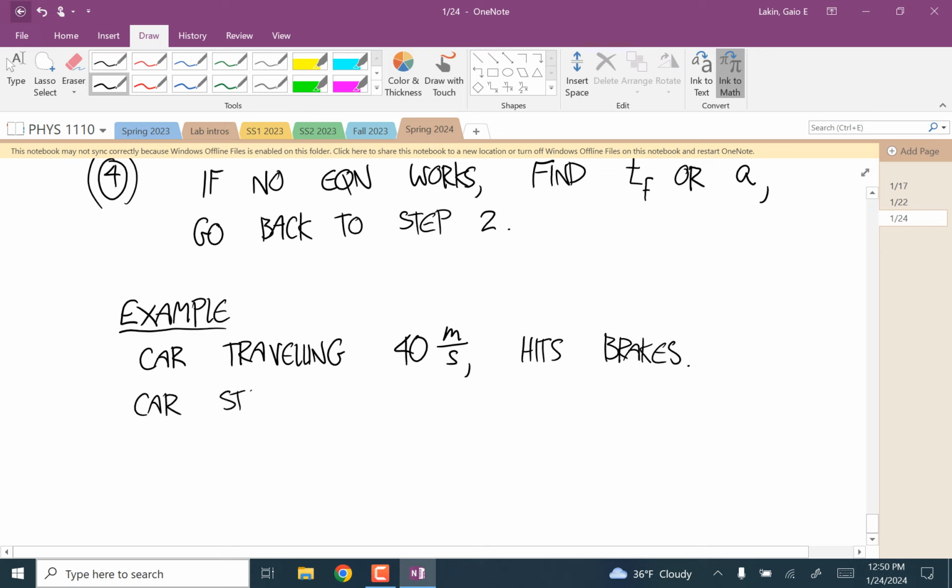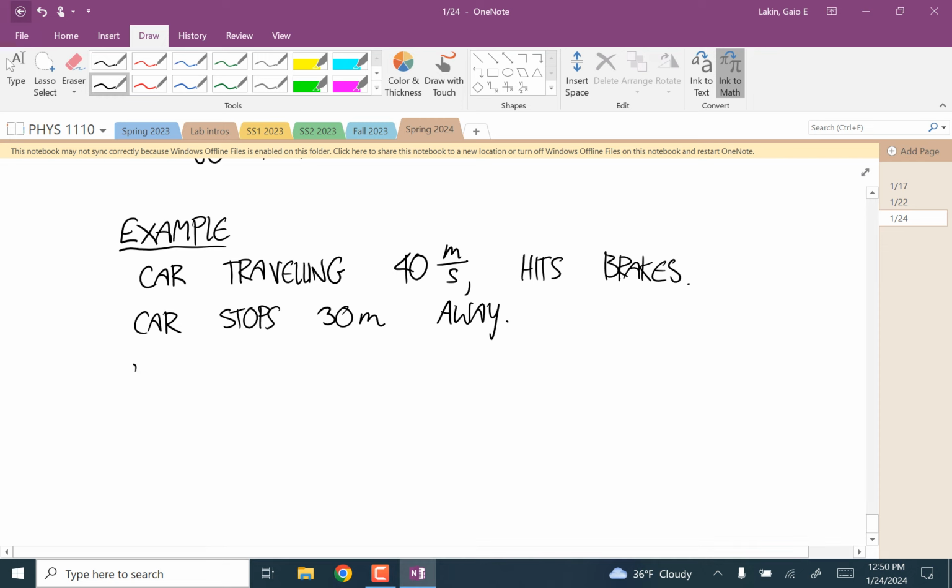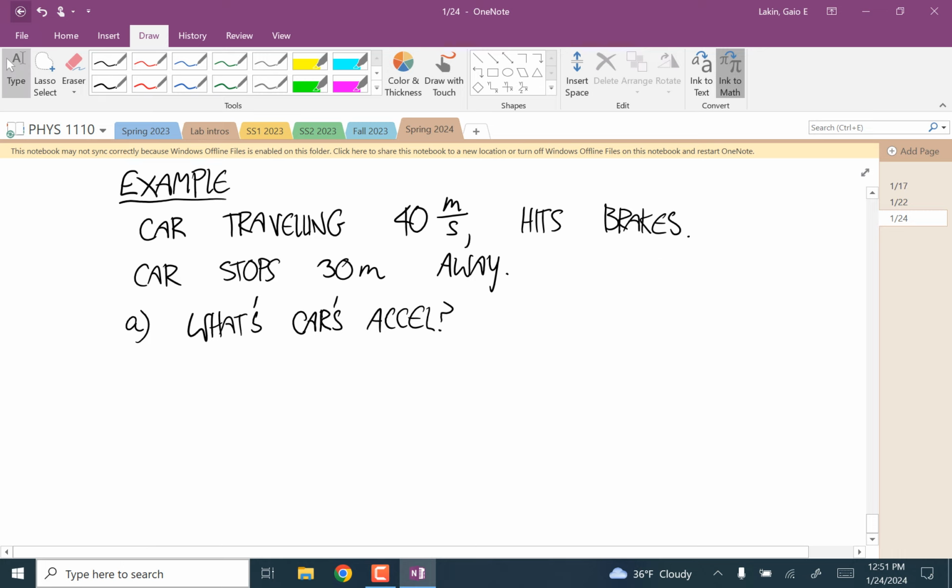The car stops 30 meters away, so it takes 30 meters of travel for the car to stop. And we want to know first, what's the car's acceleration? And second, how long does it take in time to stop?